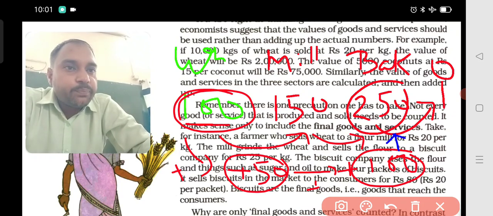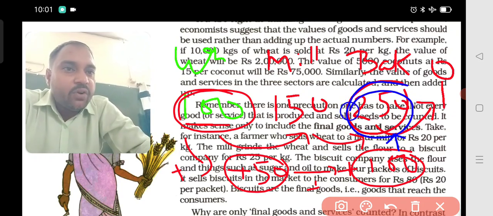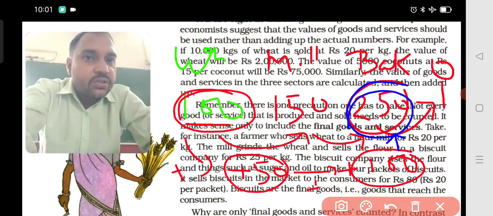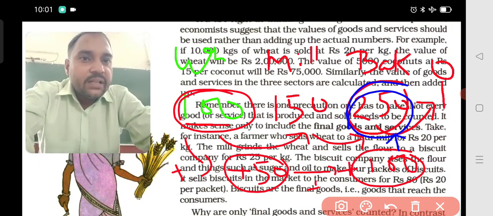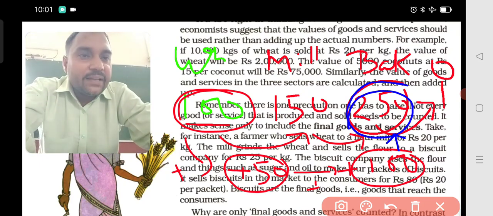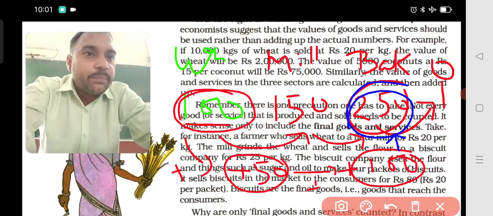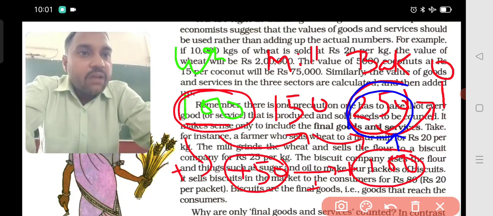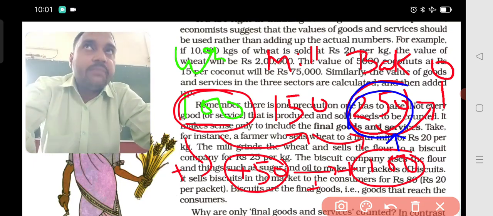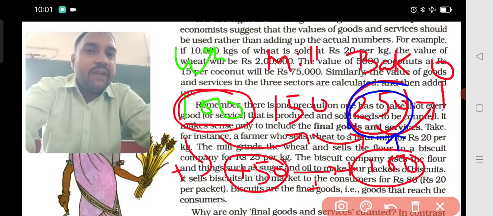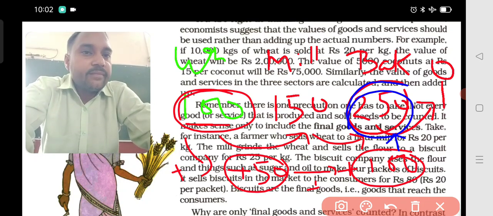What is 250? 250 is the final value of the product sold for consumption. That's why in the book it is written that the final value of the product is to be considered while calculating the national income or finding the total value of goods and services produced in the economy.